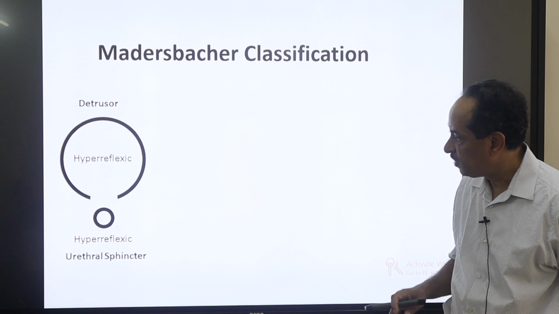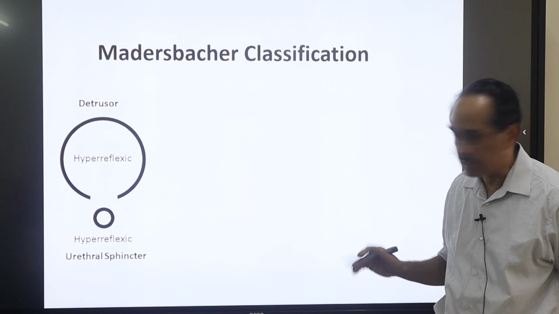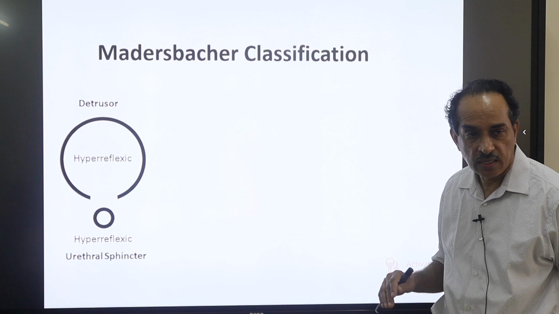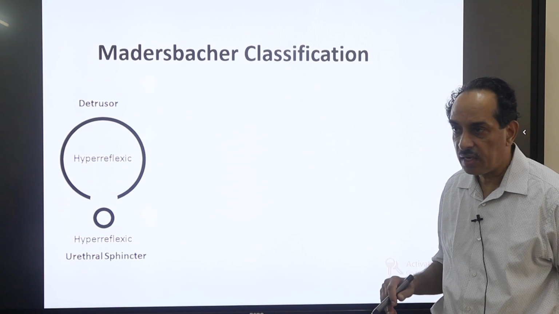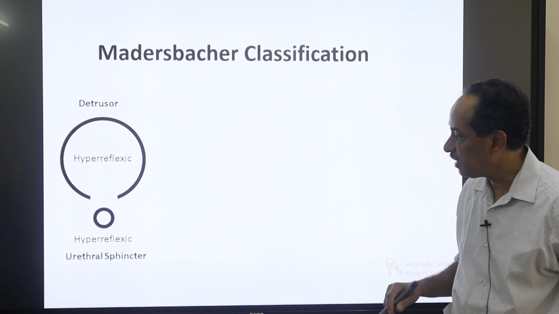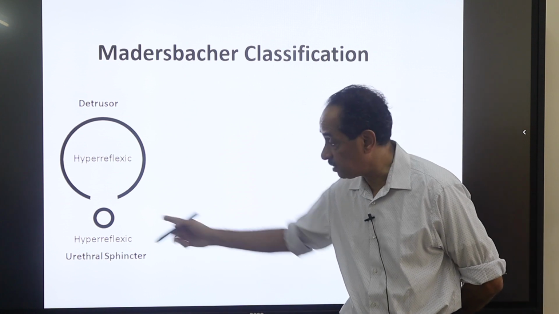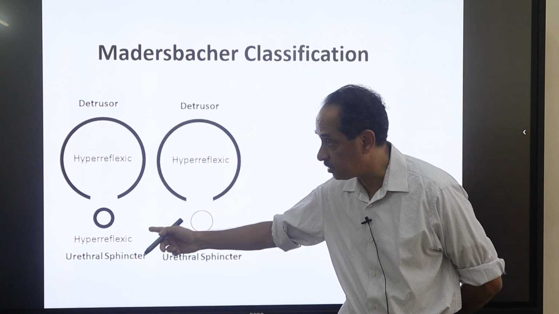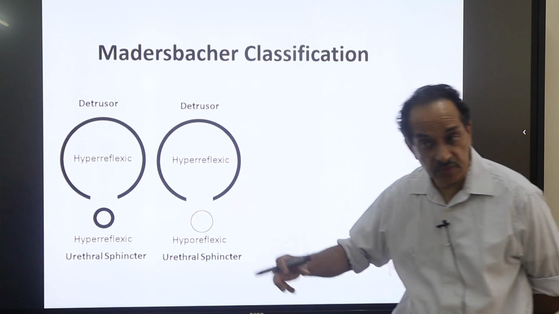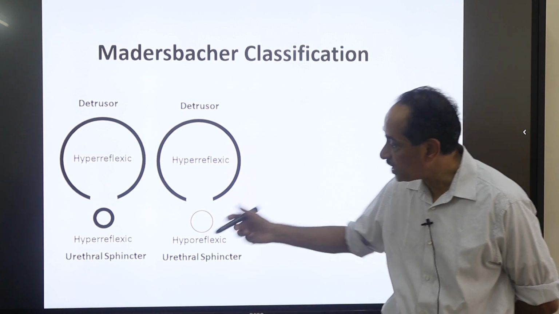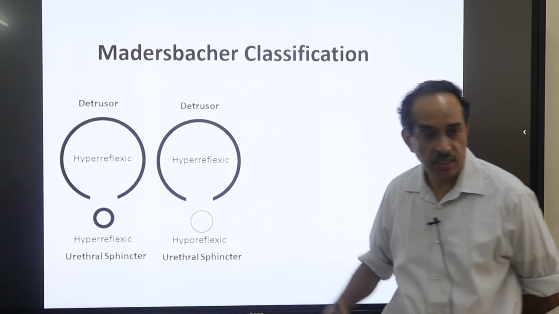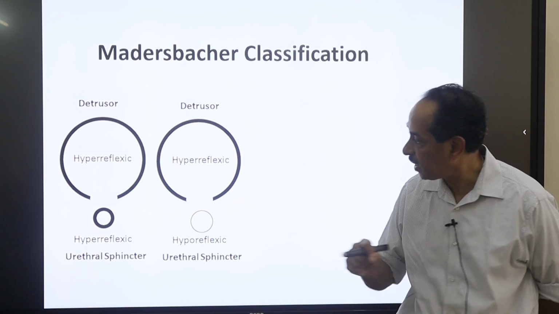Neuropathic bladder, where when the bladder is denervated, the detrusor becomes spastic, hyperreflexic, and then what happens? Sometimes the skeletal sphincter, not the internal sphincter, also becomes hyperreflexic. So when the pressure is raised in the bladder, what will happen?